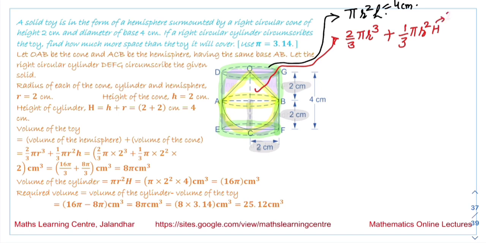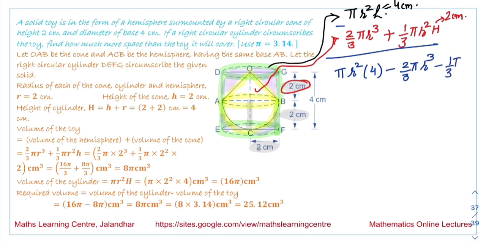The value of h is 2 centimeter. We are saying how much more volume it is occupying, so it is the difference of these two values. The answer is pi r square into 4 minus 2 by 3 pi r cube minus 1 by 3 pi r square into 2.